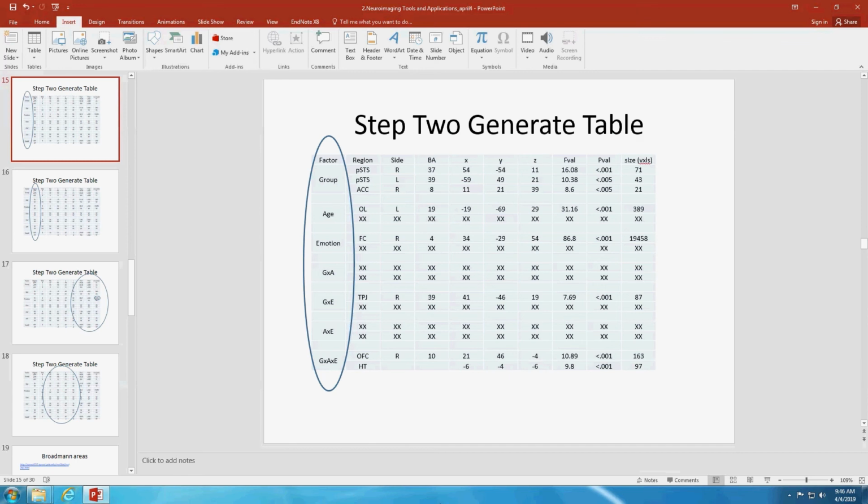It's still manual, but what you can do here, I'll just close out AFNI. There's a function in AFNI where you can push a button and it will spit out a table. Most of that information is in the table.